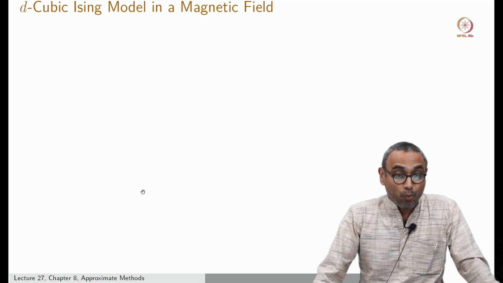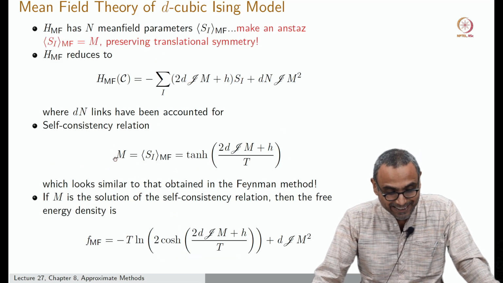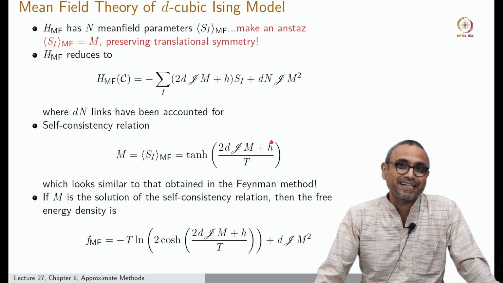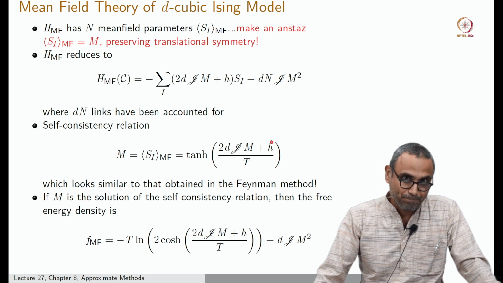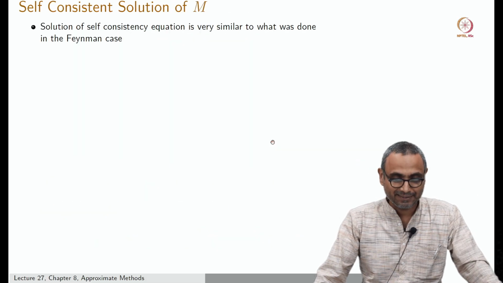What this mean field theory allows you to do is solve for this mean field m, the self consistent mean field, in the presence of the magnetic field, and that self consistent solution will change when you change the magnetic field.